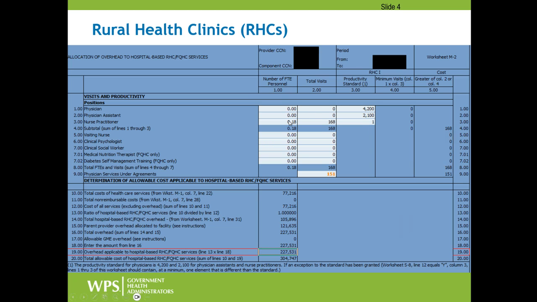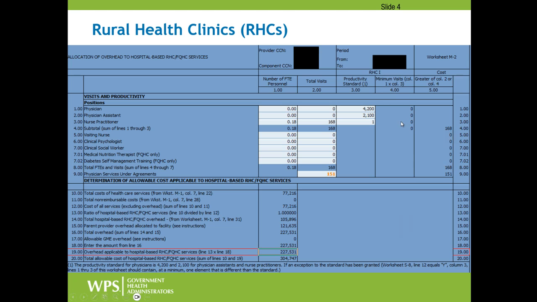So what normally would happen is that the number of FTE personnel would be multiplied by the productivity standard to identify the minimum visits. Now, unfortunately, just due to rounding, 0.18 multiplied by 1 is less than 1 visit. That's why you're seeing 0 here.